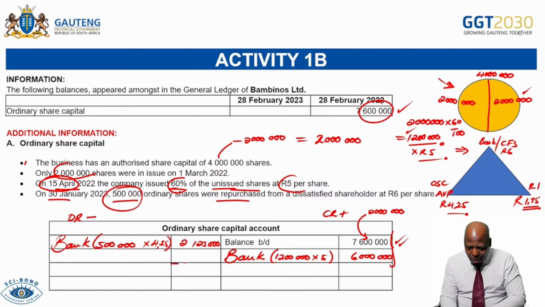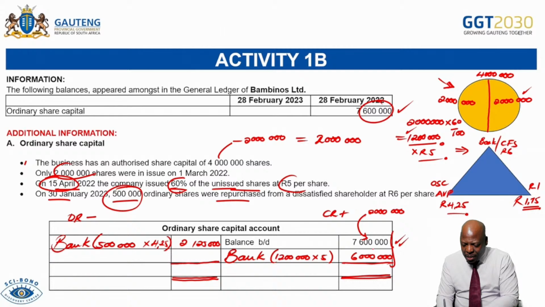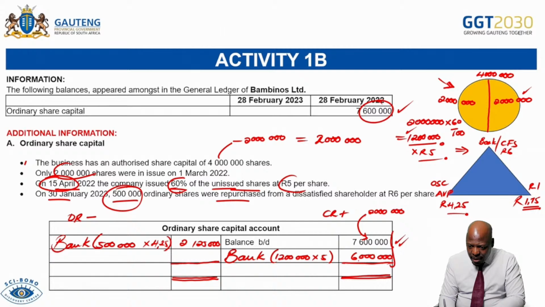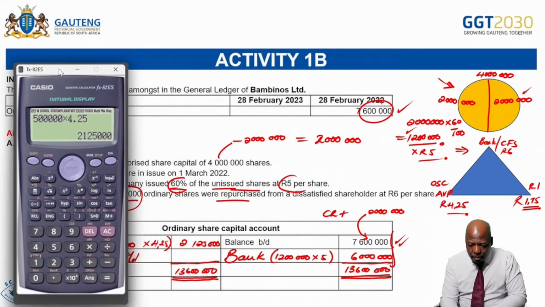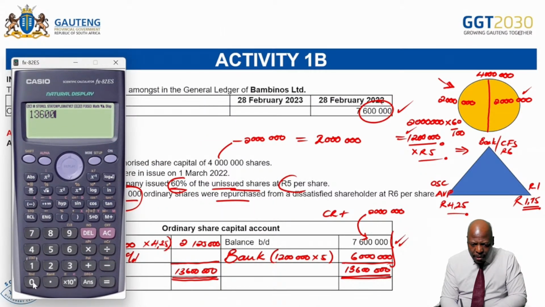Okay, and then let's close the ledger account. I'm going to draw my lines here. Okay, not exactly straight, but okay, it's decent. Okay, there is my lines. So I'm going to say my 7.6 plus my 6 million. Remember, that gave us how much? That gives us 13.6 million. So here are my 13.6 million. And then here I'm going to get my balance carried down. So I'm going to say 13.6 million minus the 2,125,000.